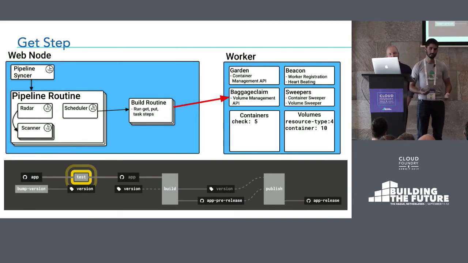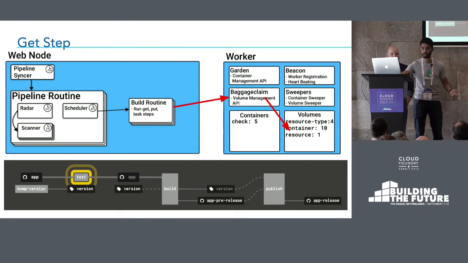So the build routine, similar to the scanner, is going to talk to baggage claim first and have it create a resource volume. The resource volume is going to be where some of the data from this get step is going to be outputted. So it creates basically an empty resource volume to start.